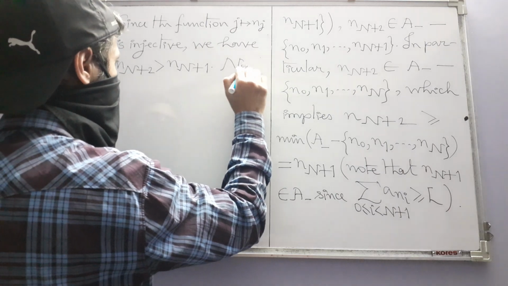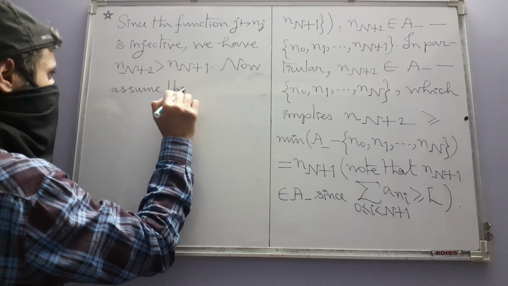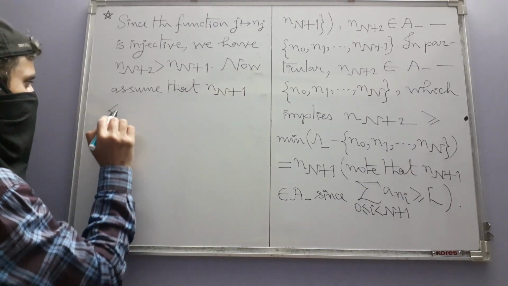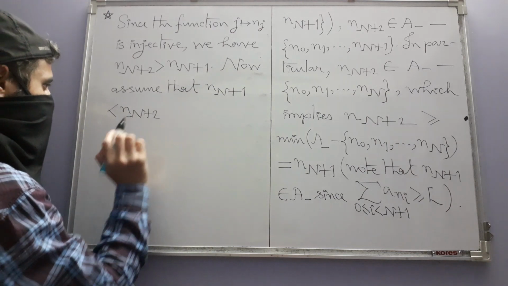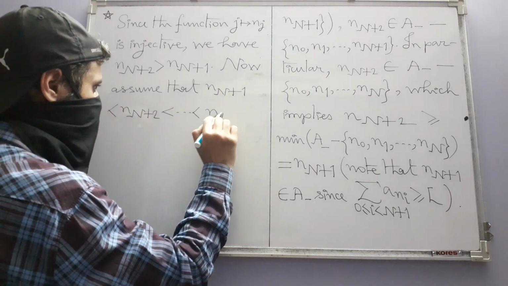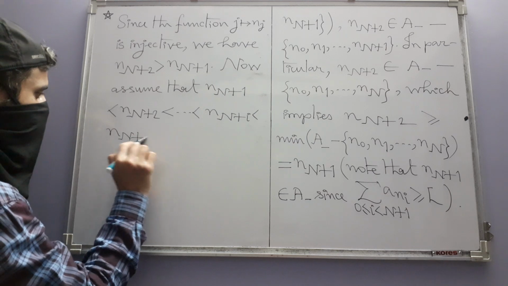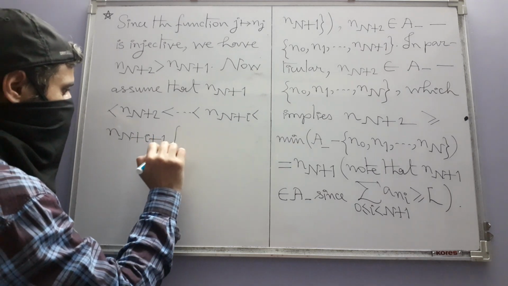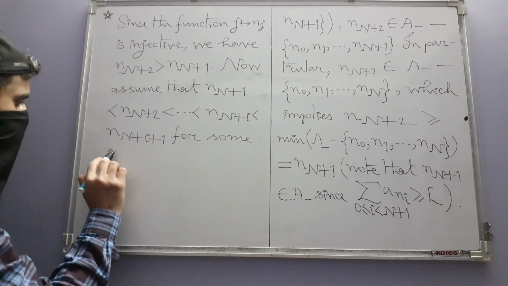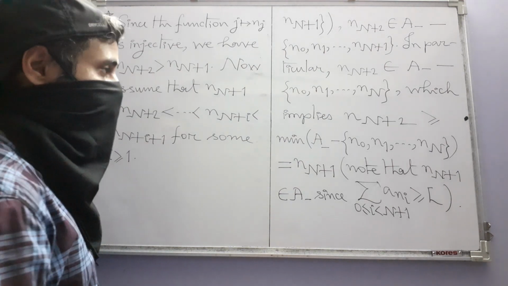Now assume that n plus 1 is less than n plus 2, which is less than n plus 3, and it goes like that till this way, for some positive natural number I. So this is our induction hypothesis.